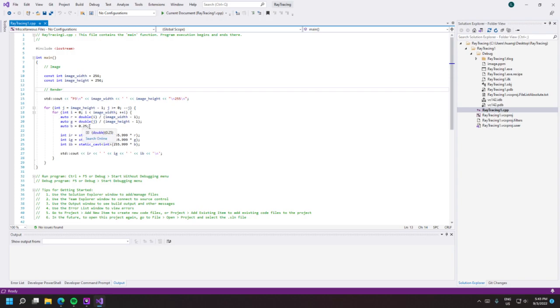B is staying at 0.25, but R and G are both going to do a gradient that goes all the way from 0 to 1. It's dividing by 255, so the double i is going from 0 to 255, and j is going down from 255 to 0. So both R and G are doing a gradient.